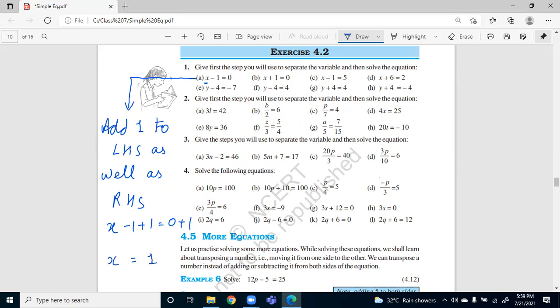So this is the complete solution of A part. If it is written, do tell me, then I will break the meeting and connect again.